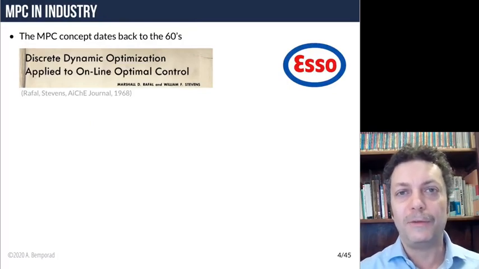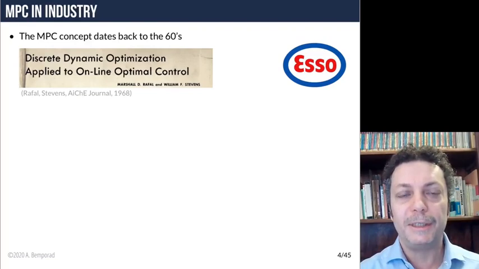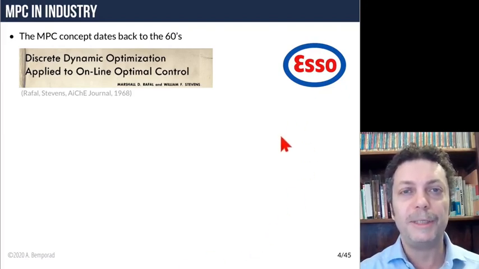Now, the idea of MPC is not new. Actually, one of the first papers describing receding horizon control ideas, like the one I just presented, dates back to the late 60s. There is a paper by Propoi and Stevens. One of the authors was affiliated with the Esso oil company.